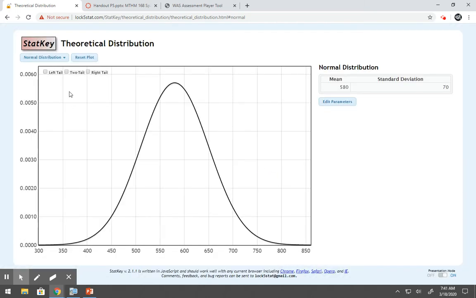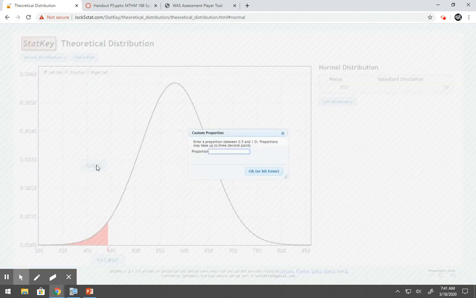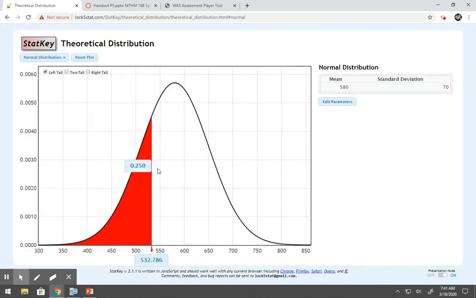I want the area to the left-hand side, and I wanted it to be the 25th percentile, meaning 25% of the data points are underneath of me. That's 0.25. If I calculate that value, I come up with 532.786. So I can find the score associated with that 25th percentile pretty quickly. We could call it 532.8.